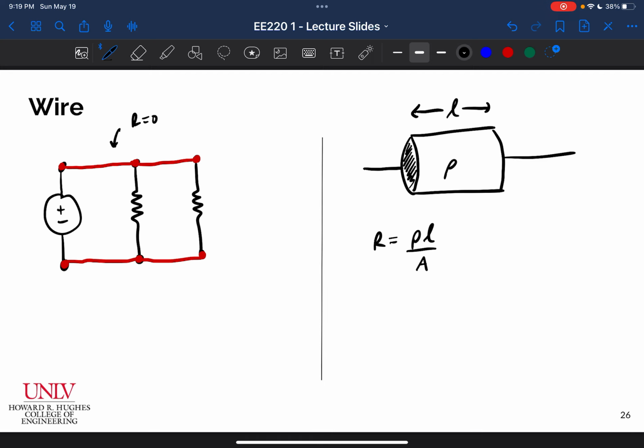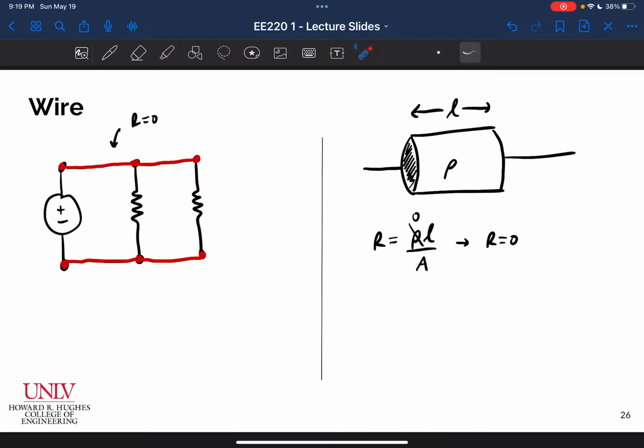And so, like I said, we're basically going to assume that the wires are infinitely conductive. Okay, so resistivity, rho, which I have written here: resistivity and conductivity are inverses of one another. So if I assume that my wire is infinitely conductive, its conductance is infinite, that means its resistivity is zero. So from there, the resistance of my wires goes to zero, okay? There might be some associated length and some associated area with that wire. Maybe it's a 24 gauge wire, maybe it's a 30 gauge wire.